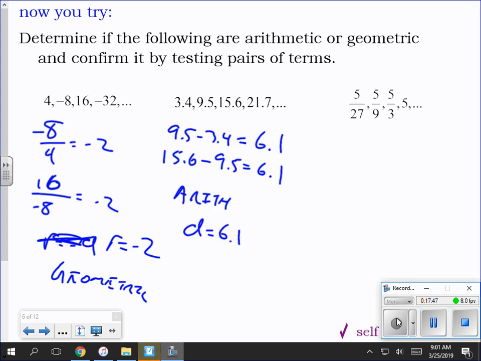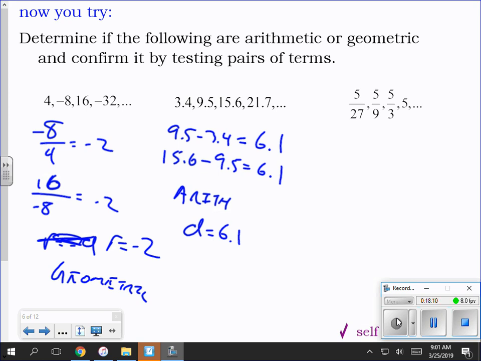Now the next one's a little more difficult. But if you know how to use your calculator to do fractions, it's not very hard at all. Okay, if you take 5/9 divided by 5/27, your calculators will do that for you. The calculators I have here, they will do fractions. They got a little fraction button on them.